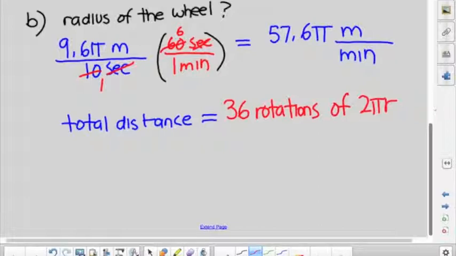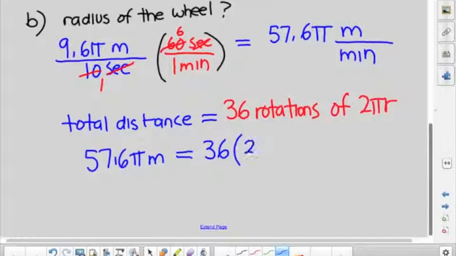So we can translate that into 57.6 pi meters is equal to 36 times 2 pi r, because the total distance is equal to 36 rotations of 2 pi r. And now we're going to use algebra to try to solve for my radius.